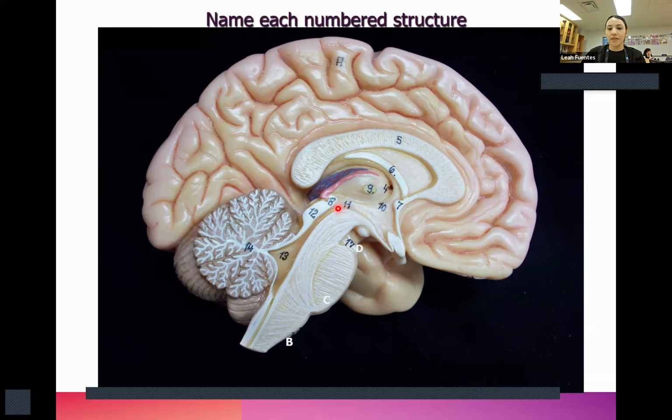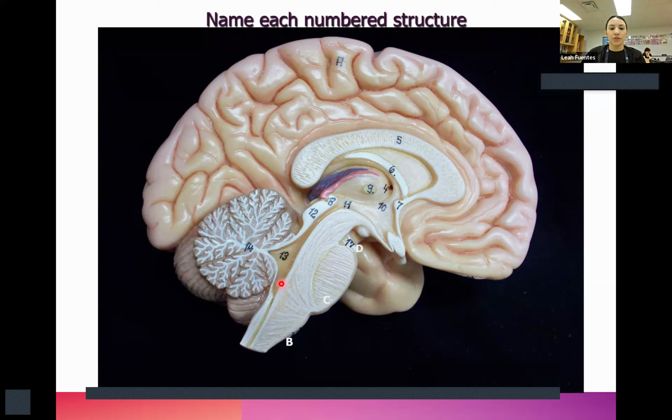11 is right in here. This is our aqueduct of the cerebrum. 12 is our tectum. 13 right here. This is going to be our 4th ventricle. And then again, 14, this particular number is referring to the arbor vitae.